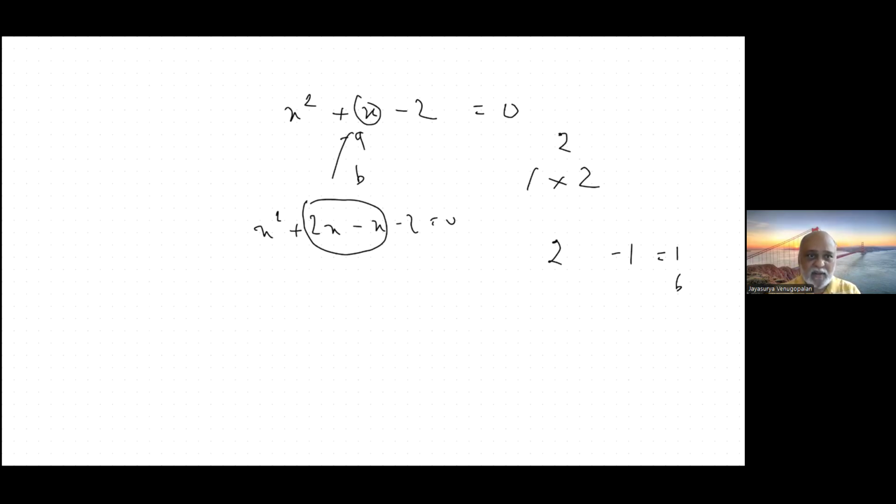Now I can factorize into x plus 2 into x minus 1 equal to 0. So the roots of the equation are minus 2 and 1, corresponding to x plus 2 equal to 0, or x minus 1 equal to 0.